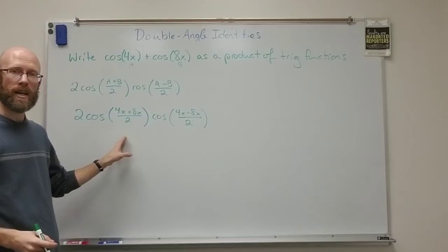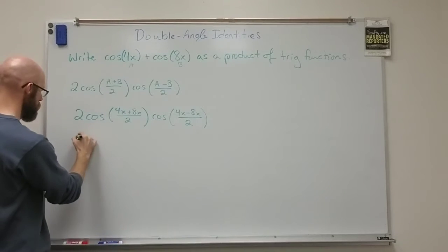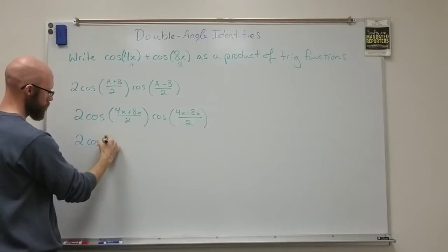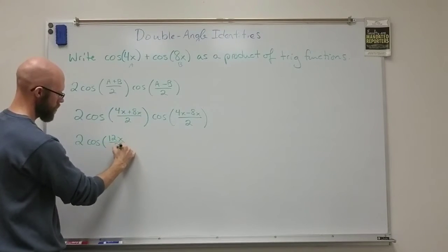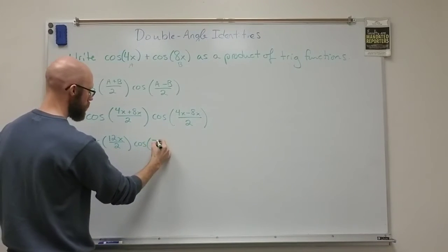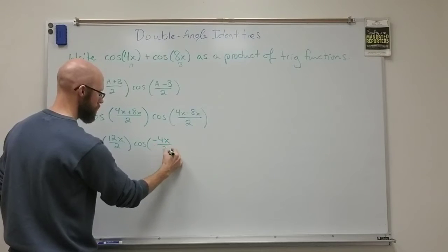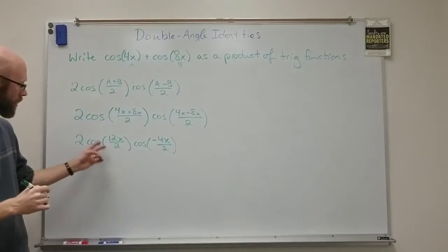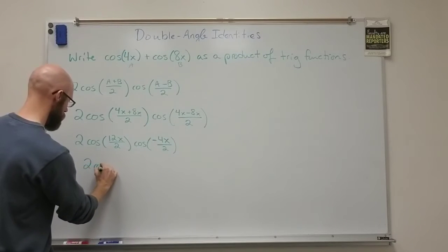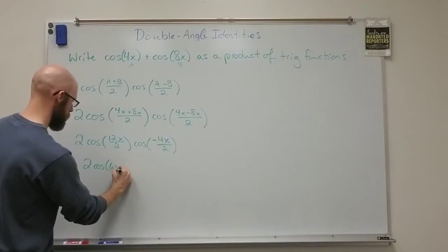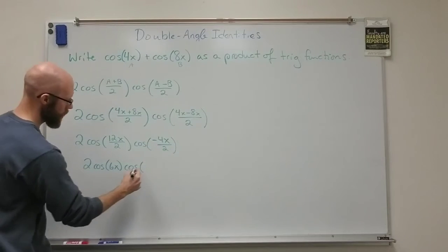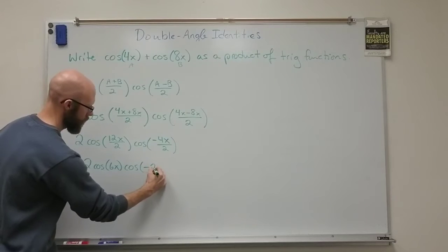If I simplify each of those angles, 4x plus 8x is 12x, and 4x minus 8x is negative 4x. And then we reduce the fractions, right? 12 over 2 is 6, so it's 2 cosine 6x times the cosine, negative 4 over 2 is negative 2x.